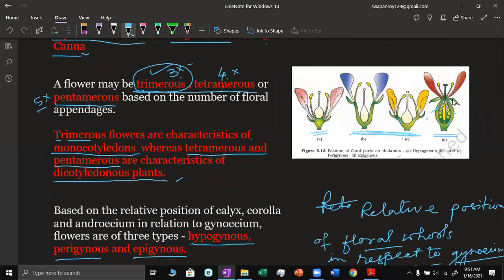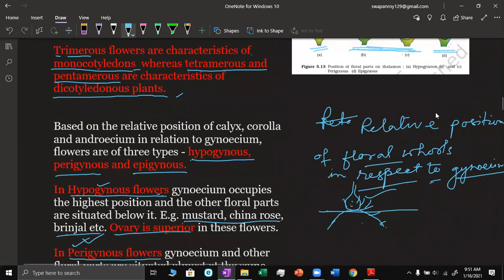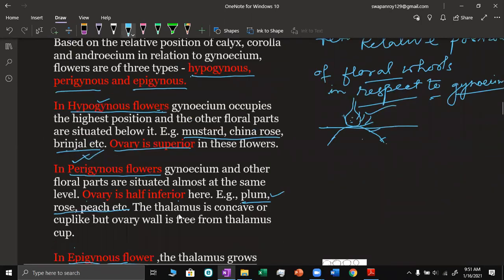Then the calyx, corolla, androecium are at the top of the ovary. So the ovary is below all the other floral parts. This is the inferior ovary.